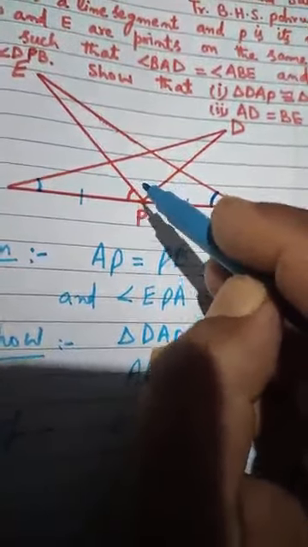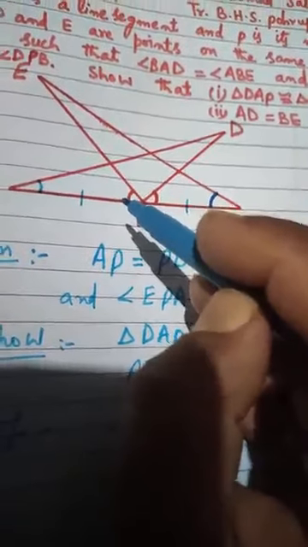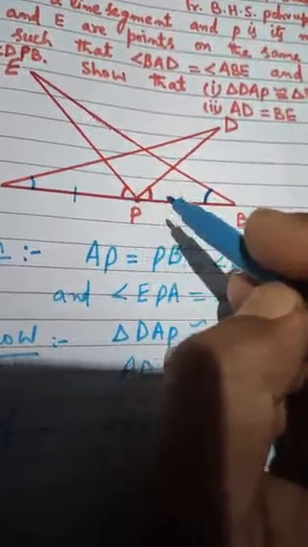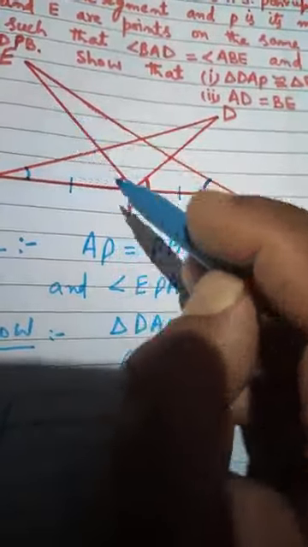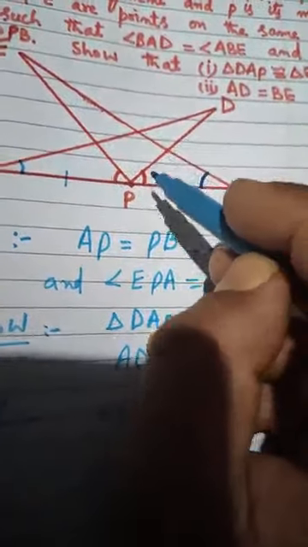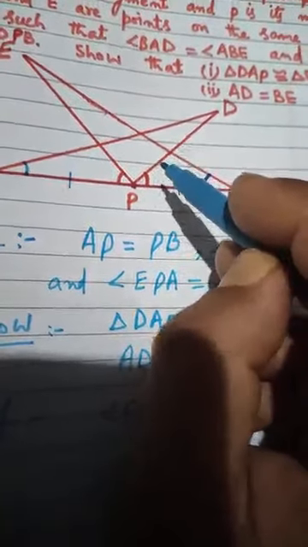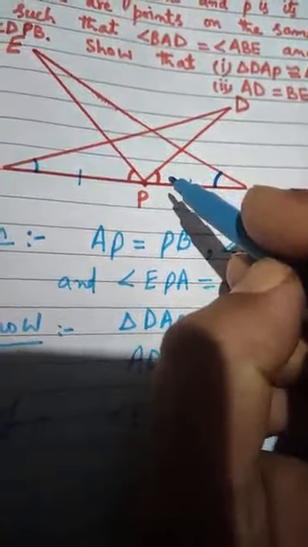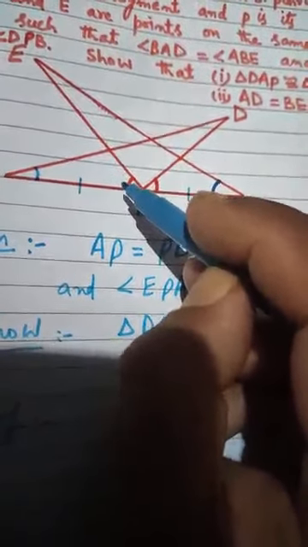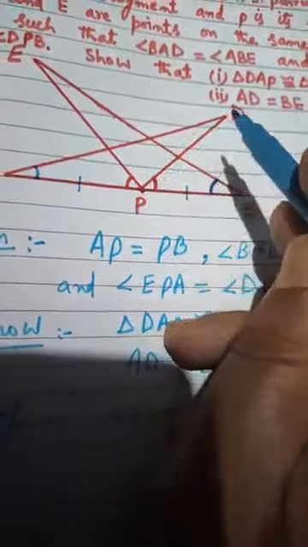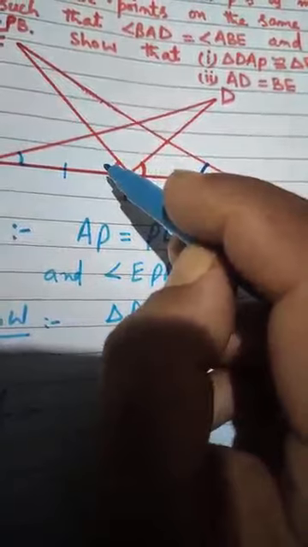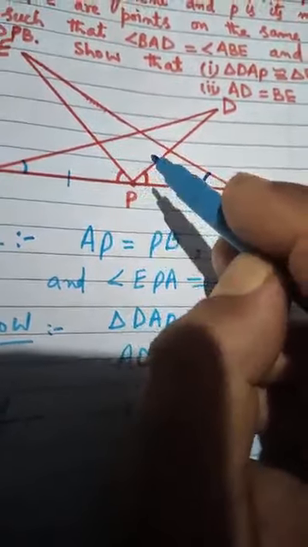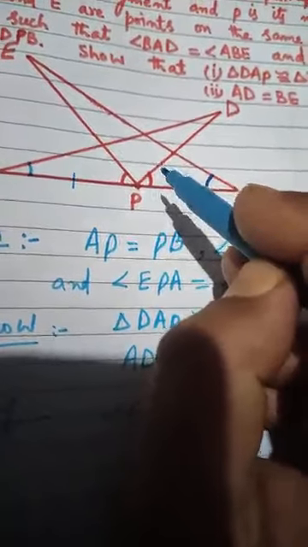We are told that these two are equal, but this angle, which we name DPE, has a relation with this angle as well as this angle. What relation? That is known as a pair of adjacent angles.